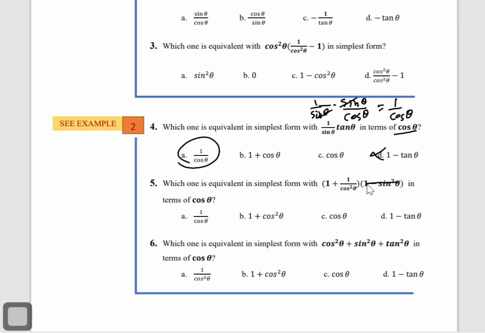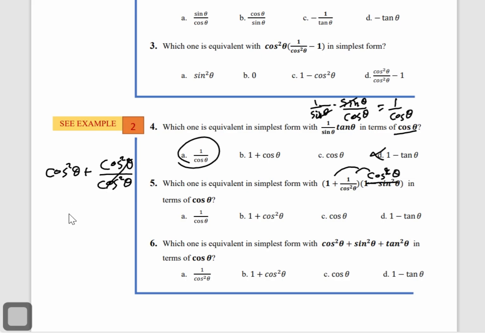That one we can rewrite as cosine squared theta, since 1 minus sine squared is cosine squared. Multiply this by the bracket, which means we are going to distribute it. It will be cosine squared theta plus cosine squared over cosine squared.